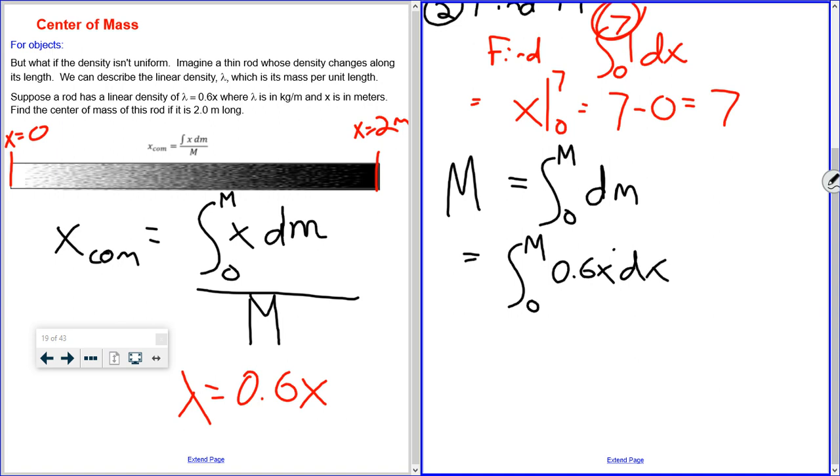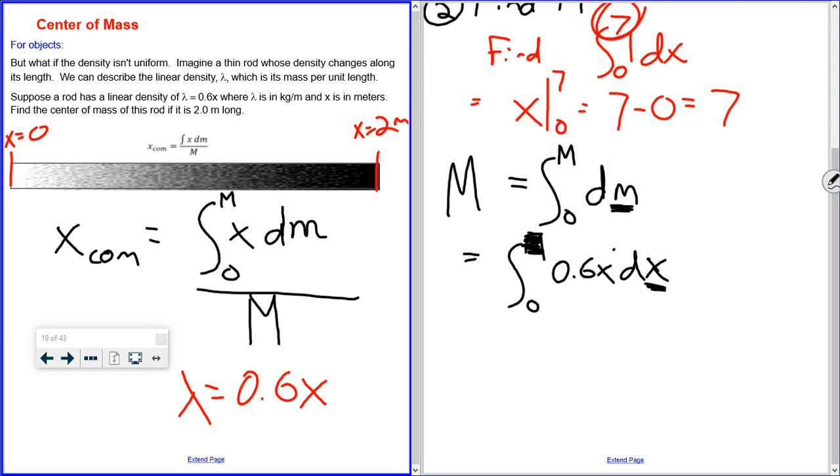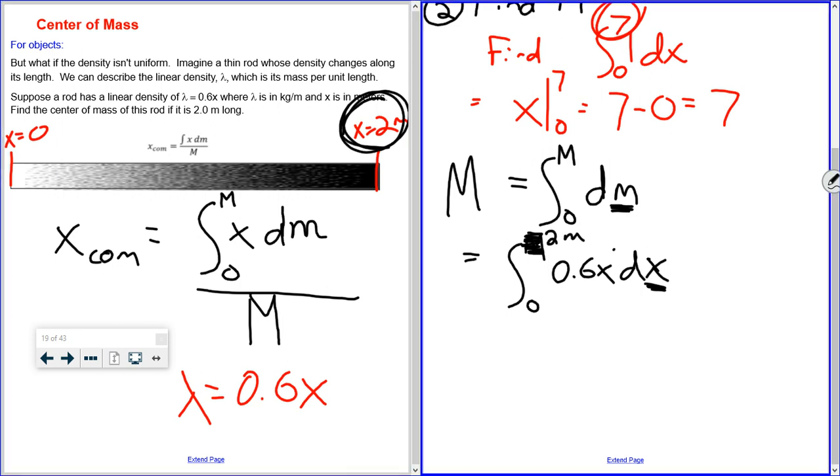So now I'm not integrating with respect to m, I'm integrating with respect to x. So I don't care about the upper bound of the mass anymore. Now I care about the upper bound of the length, so I'm going to integrate between 0 and 2 meters.